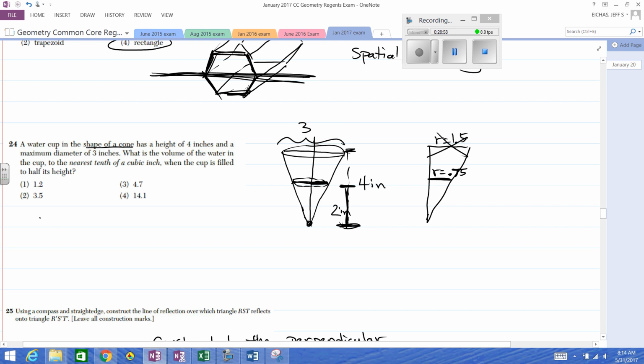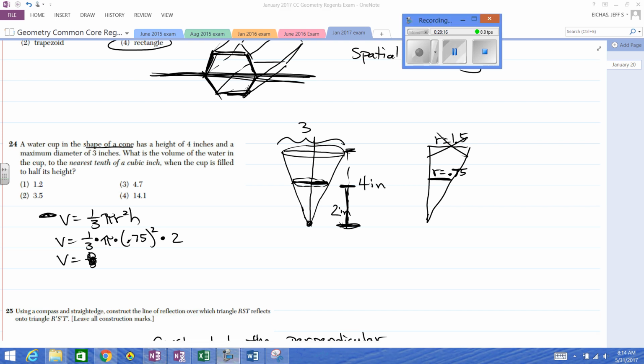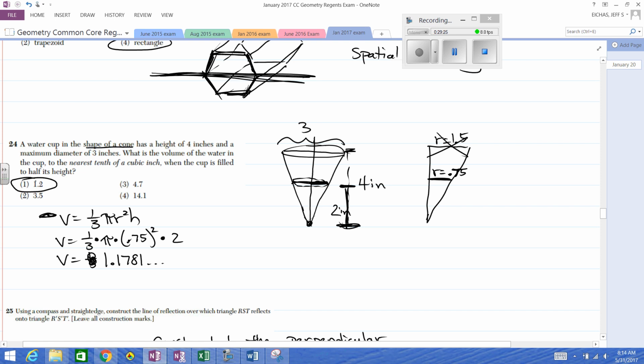You're going to have volume equals 1/3 pi r squared h. We had to modify the r. The r is going to be 0.75, and the h is going to be 2. So go ahead and let your calculator do it, and I get 1.171. It's as close as we can get to choice 1. All right, that wraps up the part 1s for this exam. Hopefully this has helped.